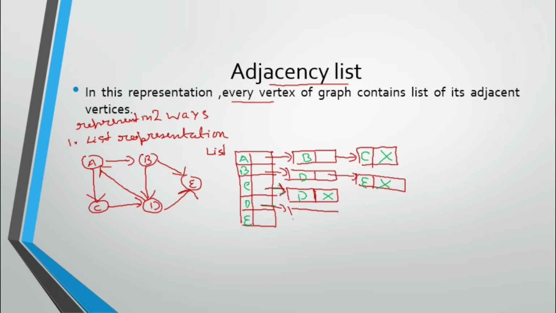So from D I can go to A, and I can go to E. And from E, I cannot go anywhere. So this is the list representation.